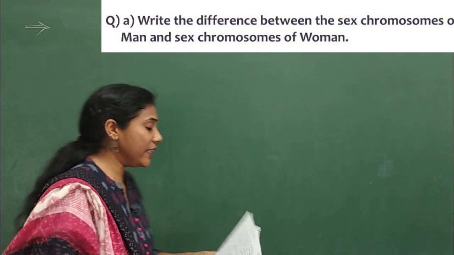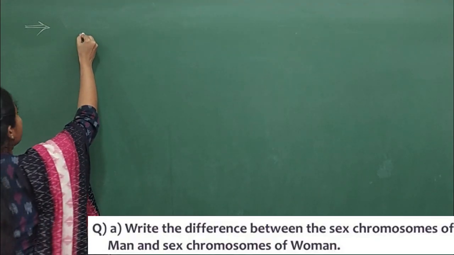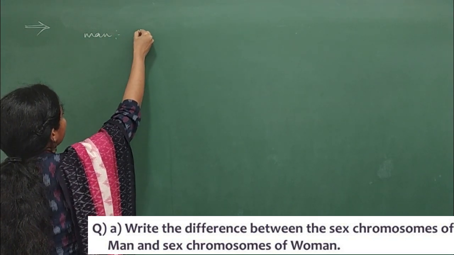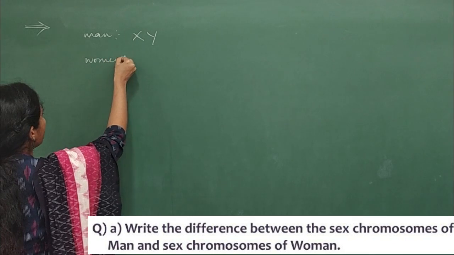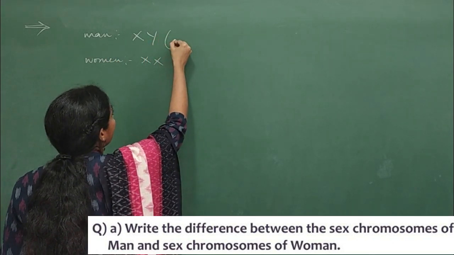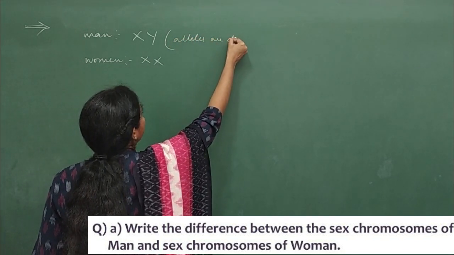The difference between the sex chromosomes of man and sex chromosomes of woman. So in man, what are the sex chromosomes you would find? You would find XY. In women, the sex chromosomes are XX, right? And here, the alleles are different.